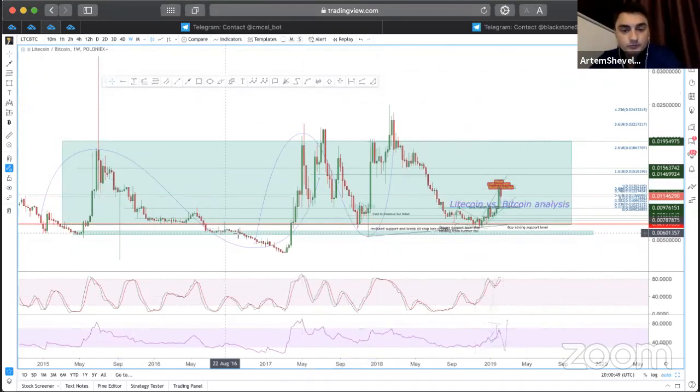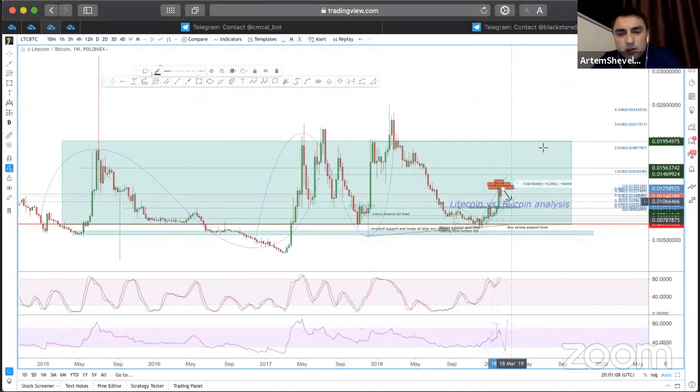So the market bottom is here, and we already reached the 50% of the trading range, and after some period we're probably going to reach the top of this trading range.